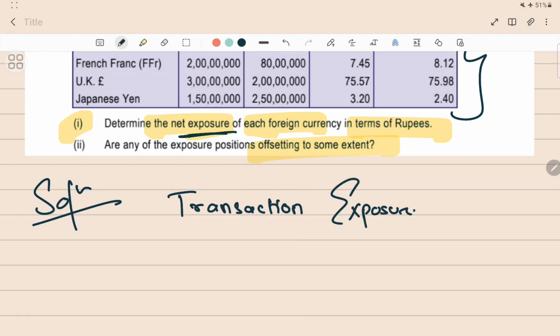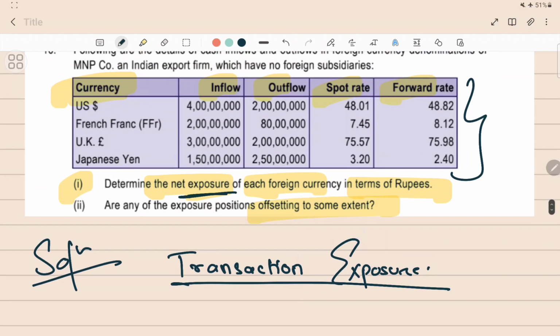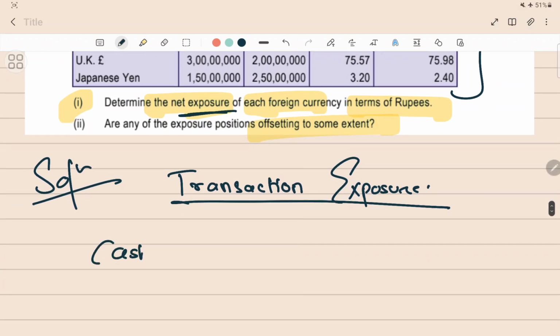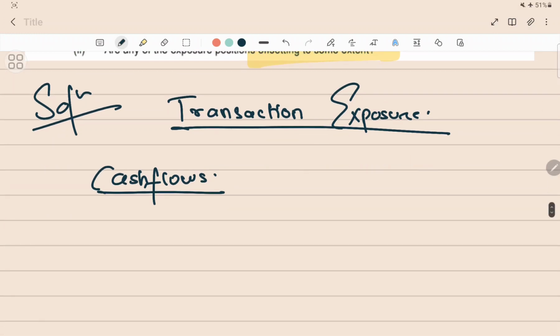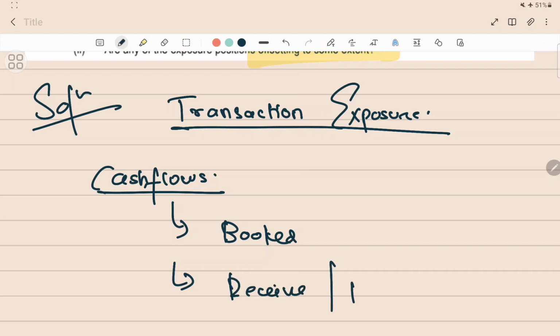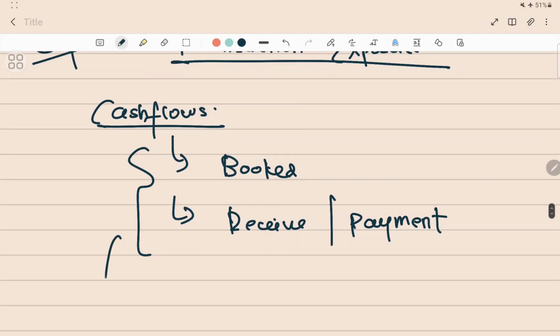In brief, transaction exposure is this: an organization has some cash flows, and there is a time difference between when you have booked it in your accounts and when you are actually going to receive it, or when the payment has to be made.